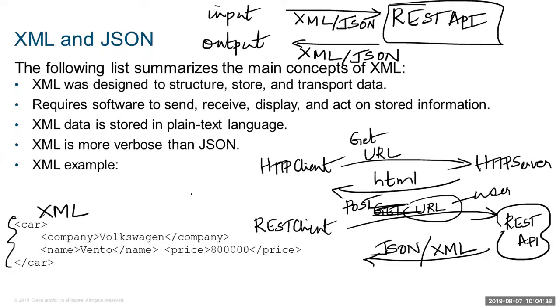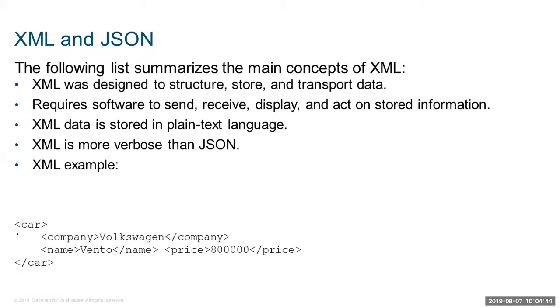It doesn't really have anything to do with the APIC, okay? They're just showing you the format of XML. XML itself was developed, actually I should say standardized, by the World Wide Web Consortium, W3C. It's usually used to transport data or even to store data.